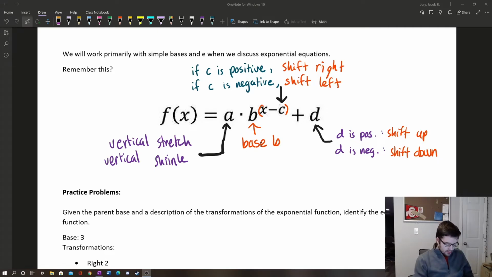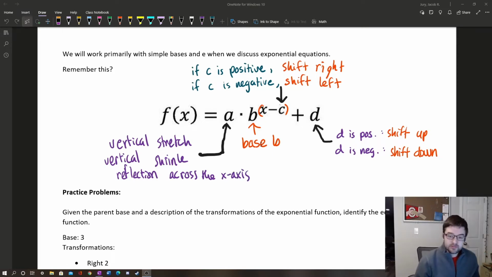And another thing that contributes to it is the reflection across the x-axis. So if A is negative, then you're going to have a reflection of the y values across the x-axis.